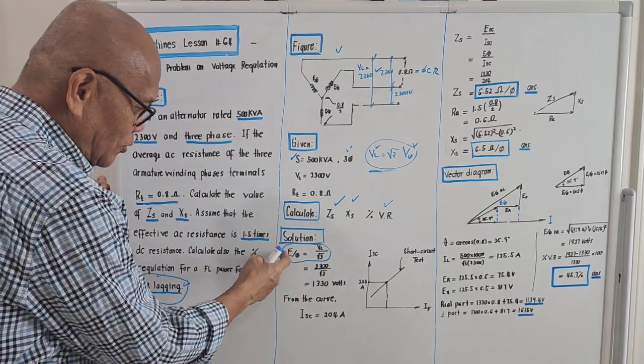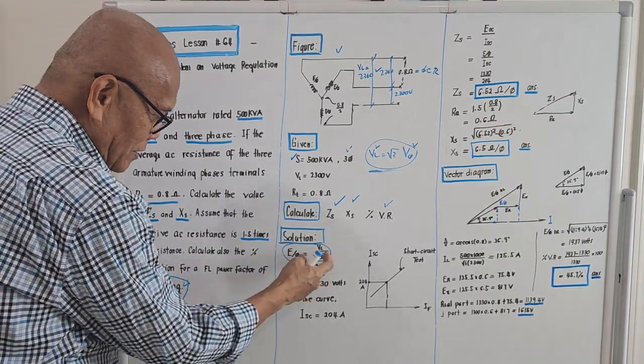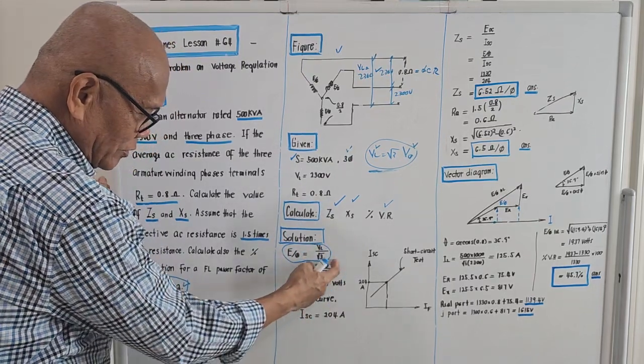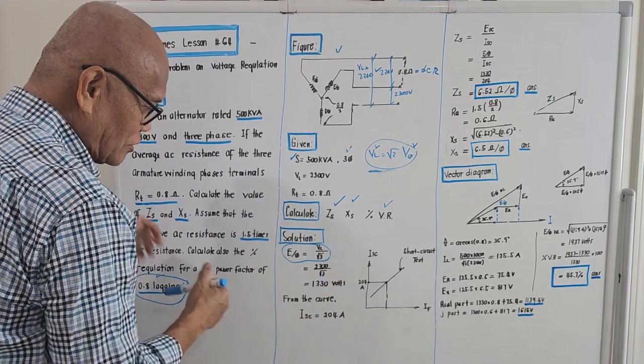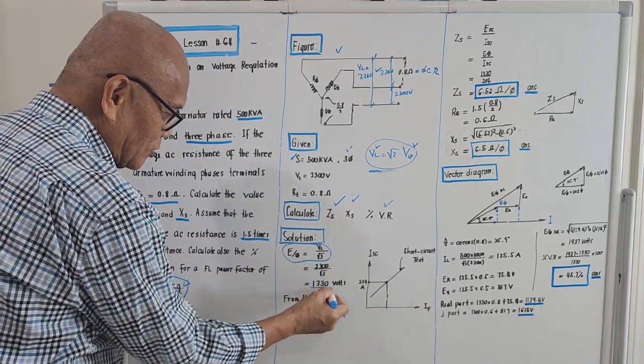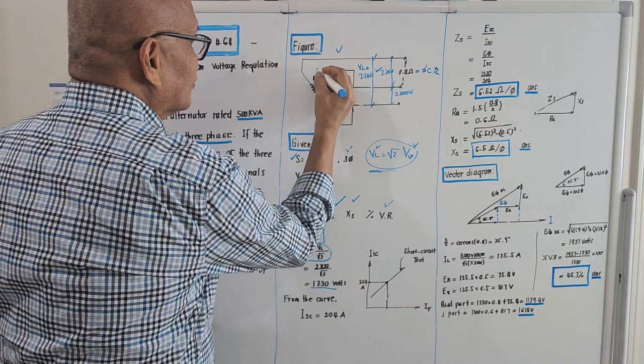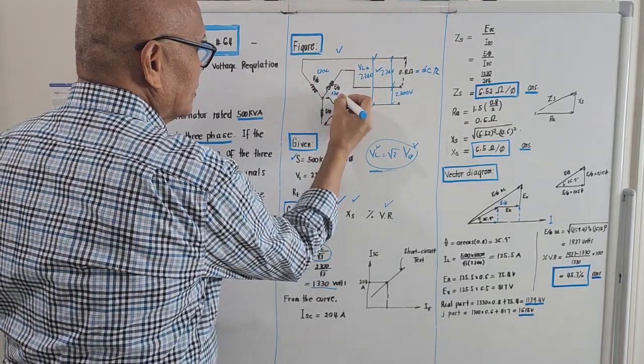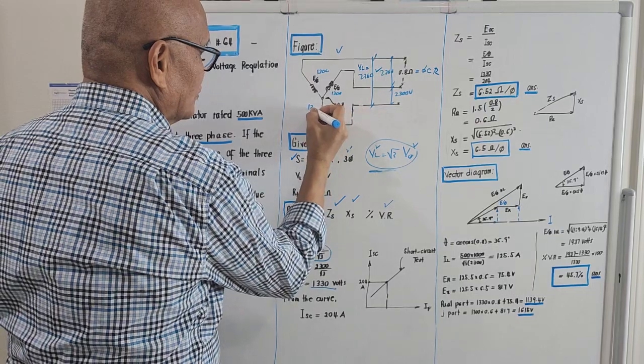So the generated voltage per phase will be the given line-to-line voltage over square root of 3. This is 2300 over square root of 3, and this is 1330 volts.